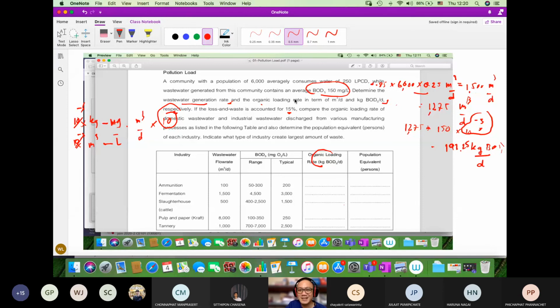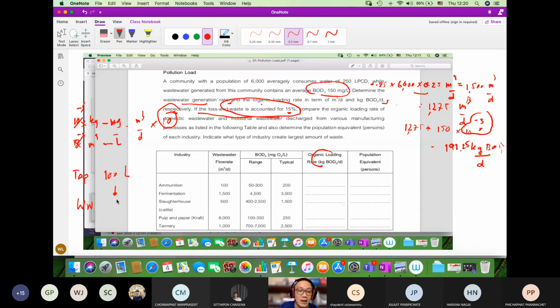But the problem is here. Loss and waste account for 15%. Suppose we use 100 liters of tap water per day. It doesn't mean that this 100 liters becomes wastewater, because some amount of water we drink, some we use watering the plants, some we wash our car with.